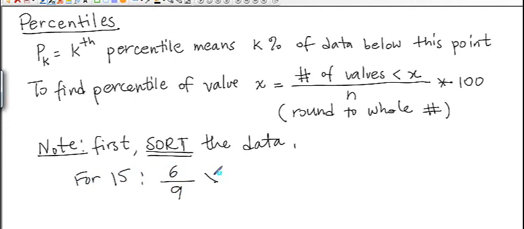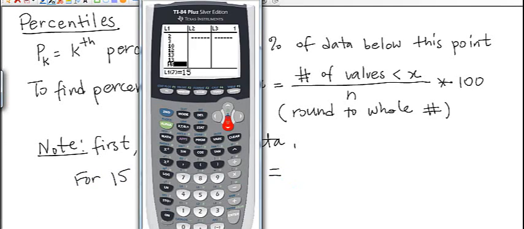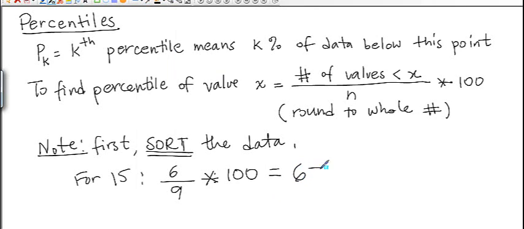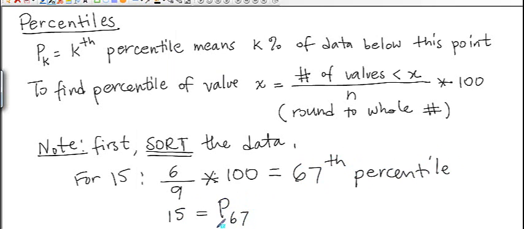I want to multiply that by 100, so 6 divided by 9 times 100 gives me 66.66, and I can round that up to 67. So the number 15 is the 67th percentile, or you can say 15 equals P67.